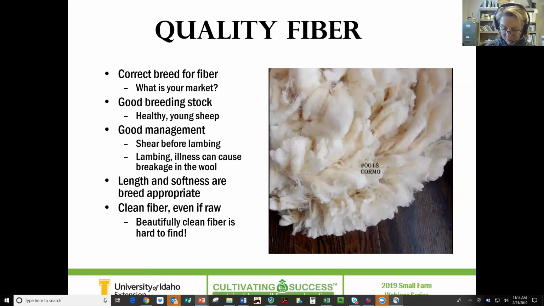I know I struggled for quite a while because my beautiful colored Rambouillet ram's fleece was a little bit short, and I had all that in my offspring.